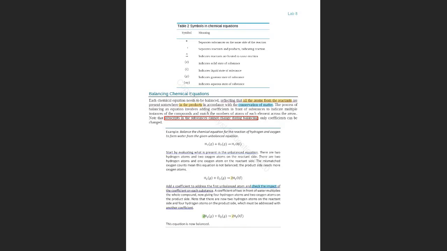But a chemical equation is not enough. We have to balance. Look at here. What does it mean to balance a chemical equation? You know that atoms are neither created nor destroyed. You studied that in the law of conservation of matter.